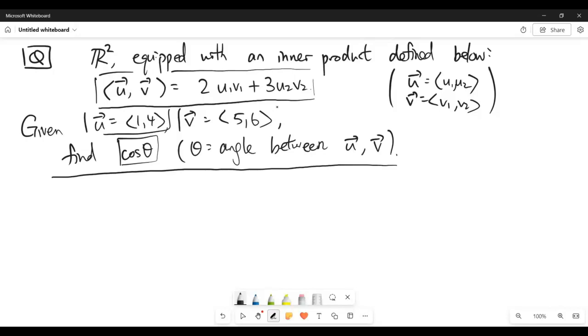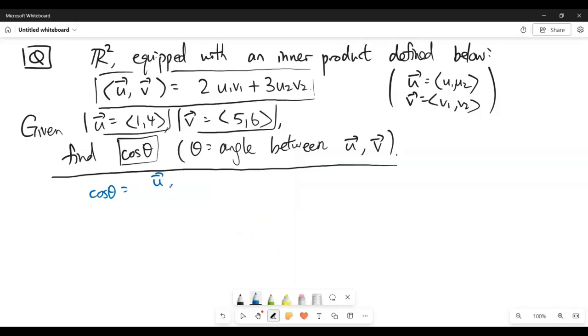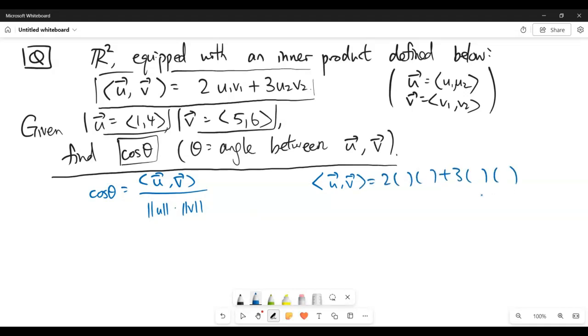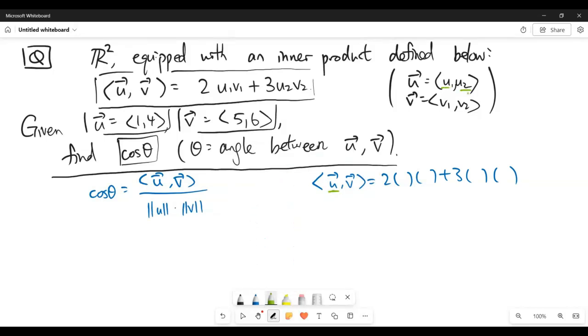We know the formula well for cosine theta. The top is the inner product of u and v. The bottom is the norm of u times the norm of v. All of this can be computed as usual. For example, for the inner product of u and v, we can use this formula. Please plug it in carefully one by one. For u, the first vector, it's 1, 4.